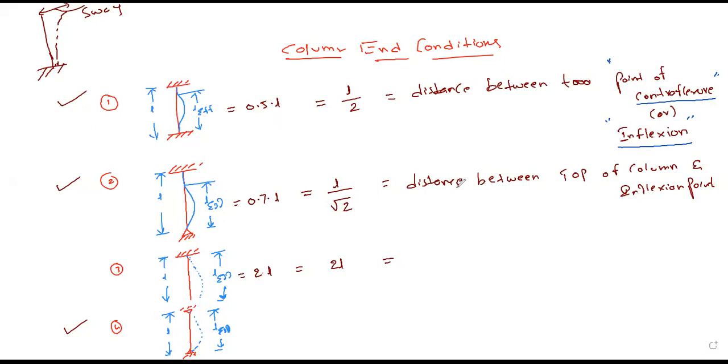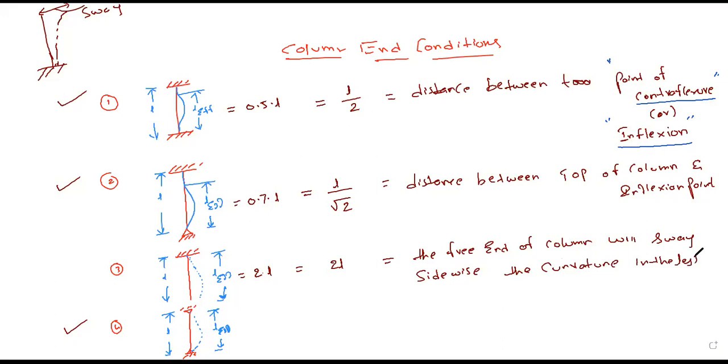Okay, so that's why it can be written as the free end of column will sway sidewise. Okay, that's why the curvature in the length, okay, curvature eppudu vastundi.